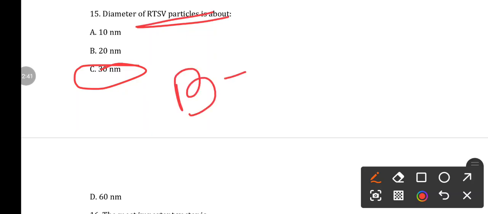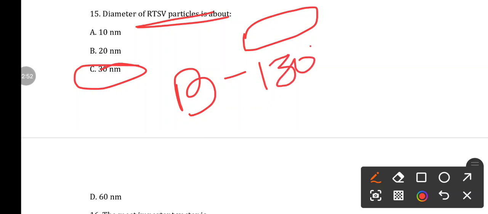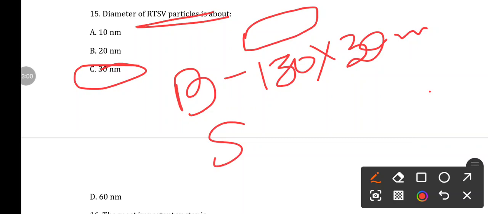The bacilliform particle is bullet shaped, so length and diameter both will be there. Here the dimension is about 130 by 30 nm. But for the Rice Tungro Spherical Virus, it is 30 nm only.